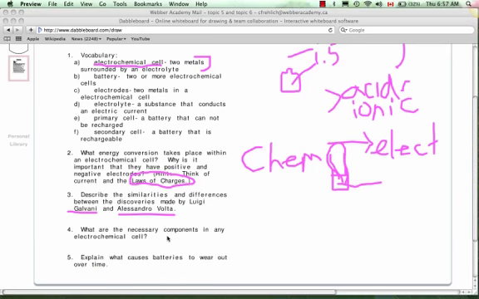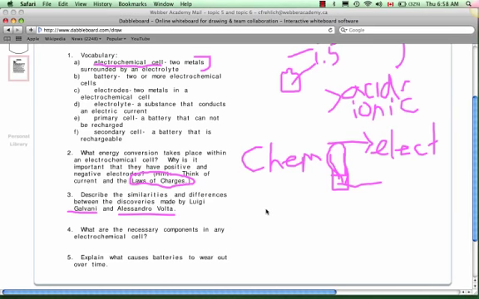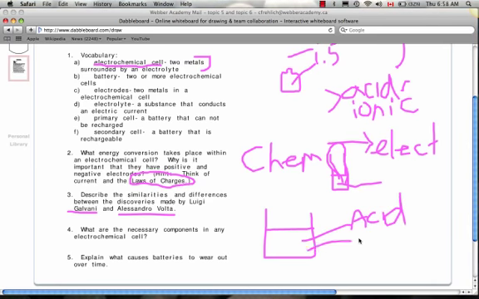What are the necessary components to any electrochemical cell? We talked about this before. If we have a beaker and we put an acid solution, or an ionic solution in here, that's our electrolyte.